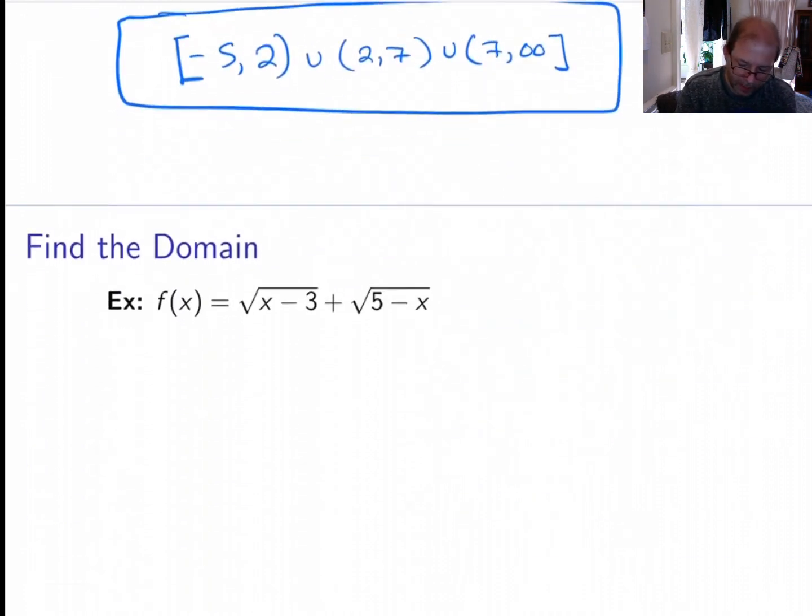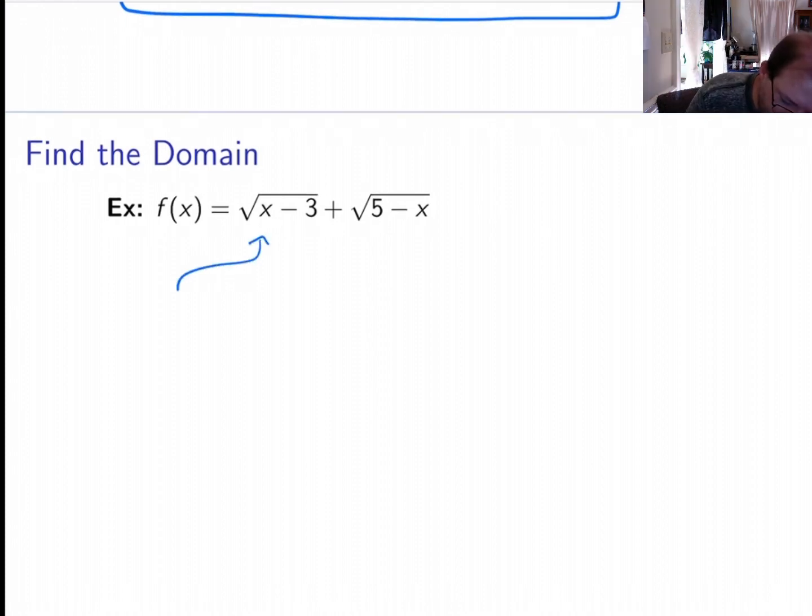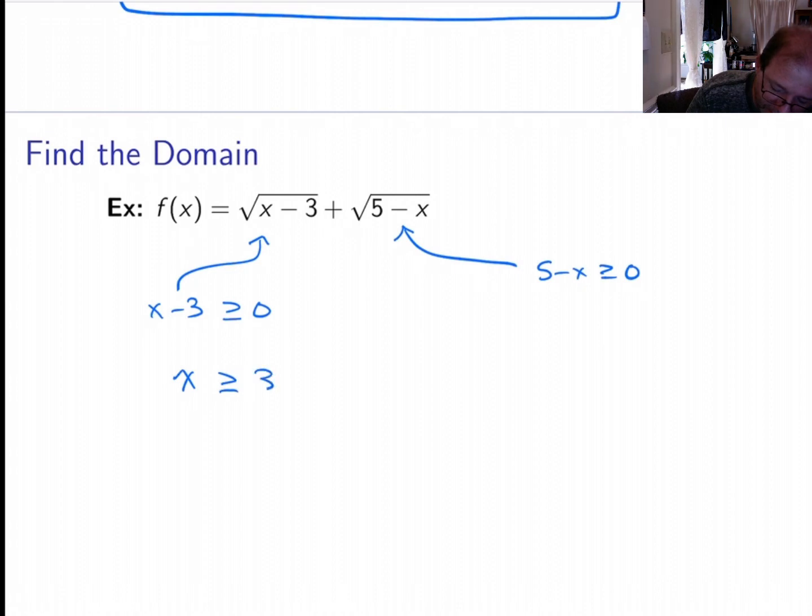All right. The last sort of combination here is what happens if you've got two square roots together. Well, this one right here says that x minus 3 has to be greater than or equal to 0. And this says that 5 minus x has to be greater than or equal to 0. So this says x has to be at least 3. And if I move the 5 over, I get minus x is at least negative 5.